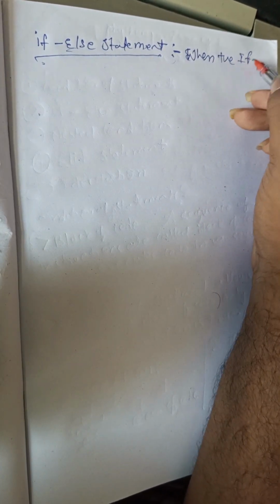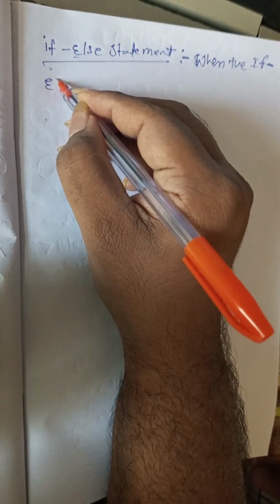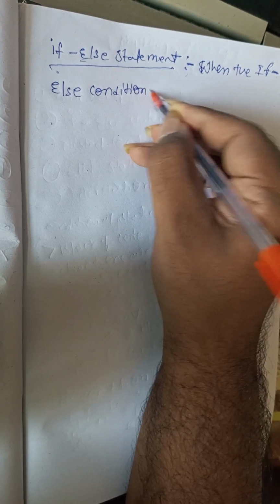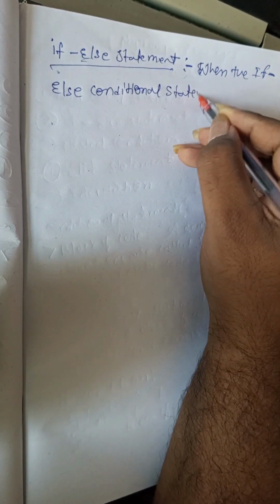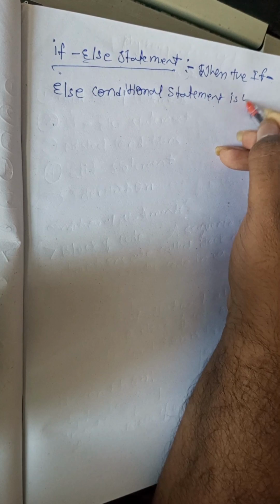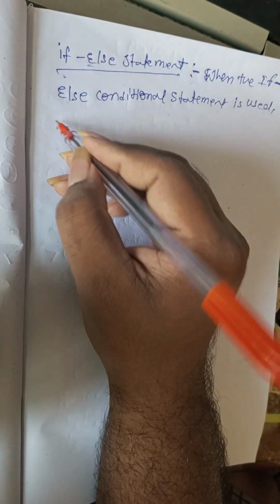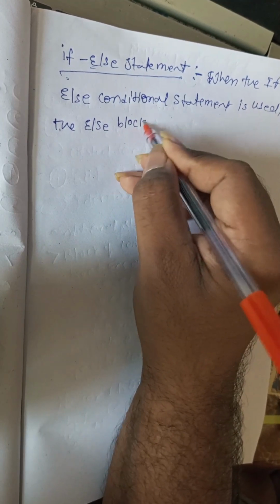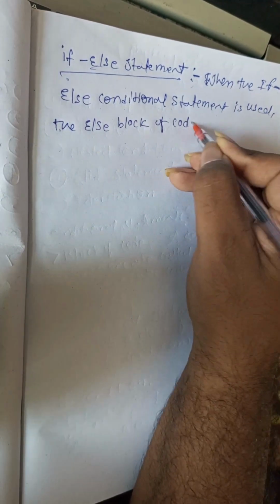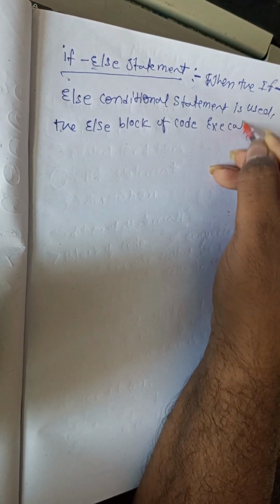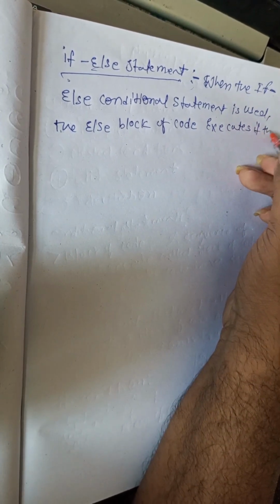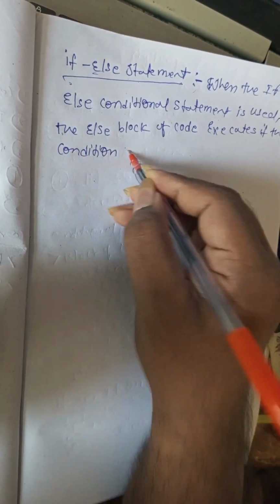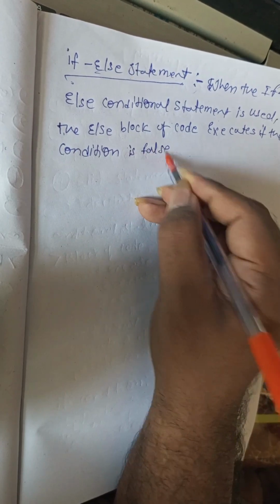When the if-else conditional statement is used, the else block of code executes if the condition is false.